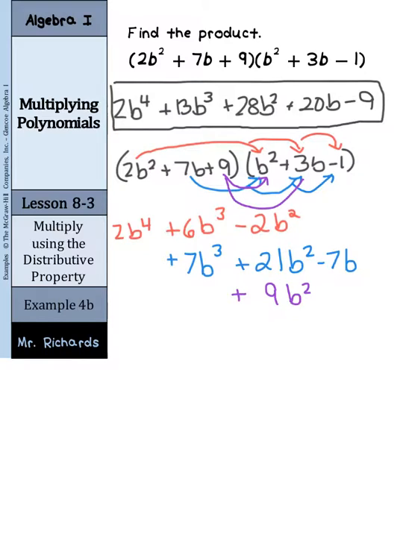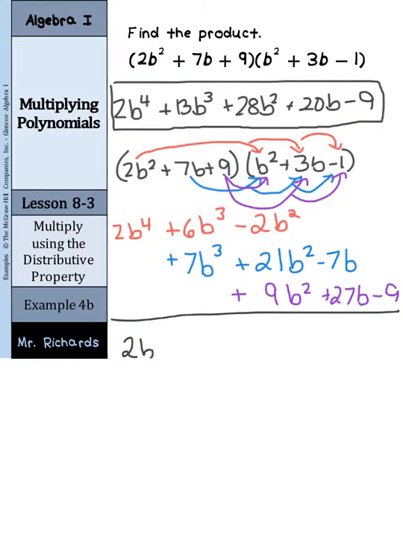9 times 3b, well, 9 times 3 is 27. It's going to be plus 27b. And lastly, 9 times negative 1 is a minus 9, or negative 9. And as we go to combine our like terms here, we just have our 2b to the 4th alone, so we're left with 2b to the 4th.